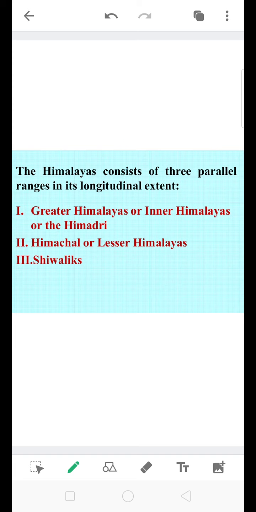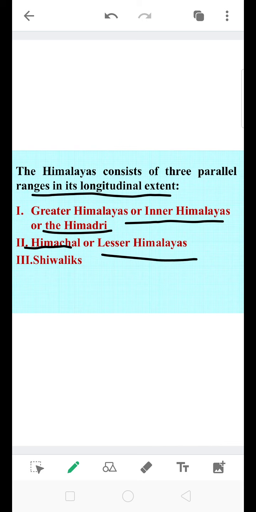Now we will be studying about the three parallel ranges in the longitudinal extent that make up the Himalayas. The first range is the Greater Himalayas, which is also known as Inner Himalayas or Himadri. The second range is known as Himachal or Lesser Himalayas, and the third range of the Himalayas is known as Shivalik.